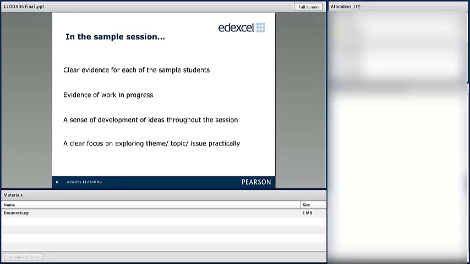That doesn't apply in a moderation setting. As good practice, the teacher assessor will continue to identify those sampled students and indeed other students, because you're likely not going to decide on your sampled students until the very end of the session, because you won't know how well they've achieved until the session is over.